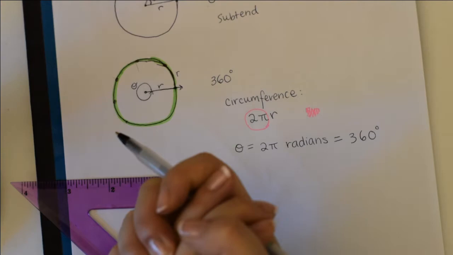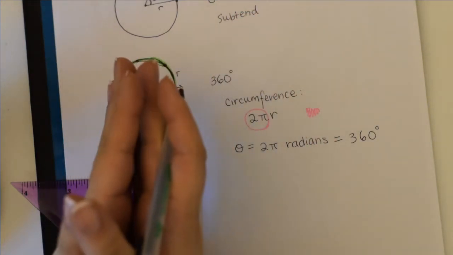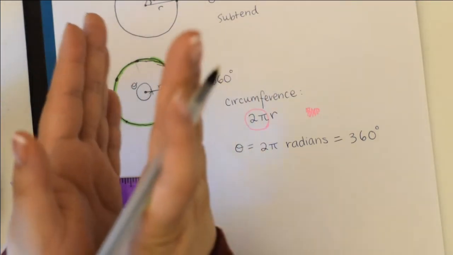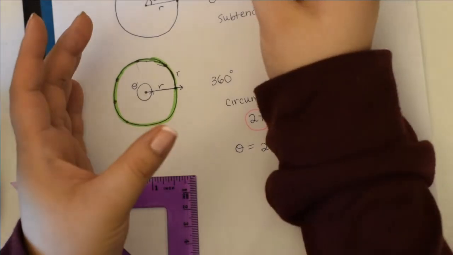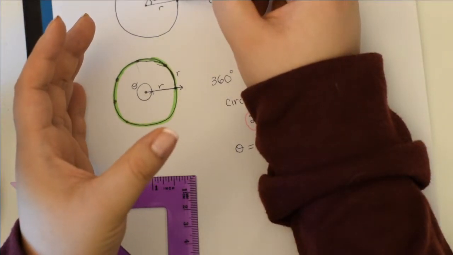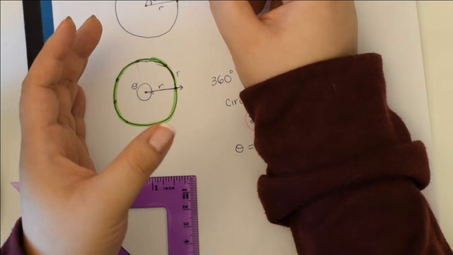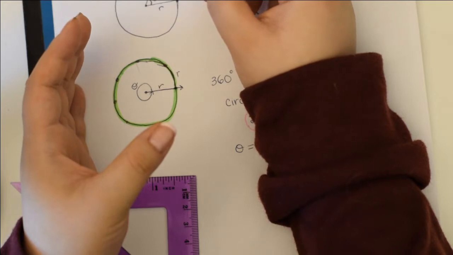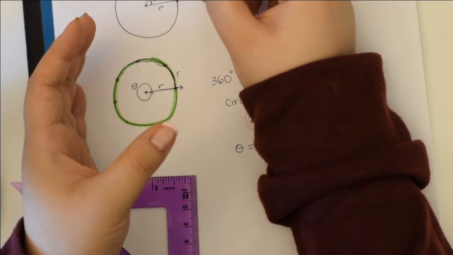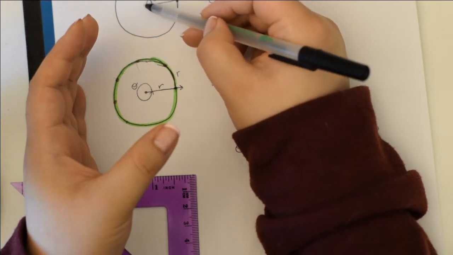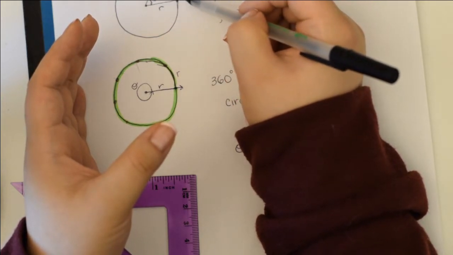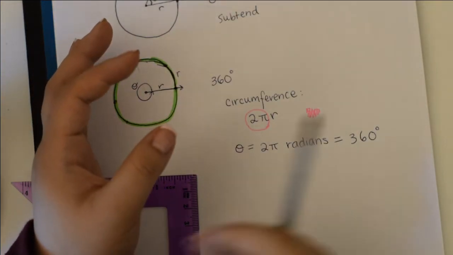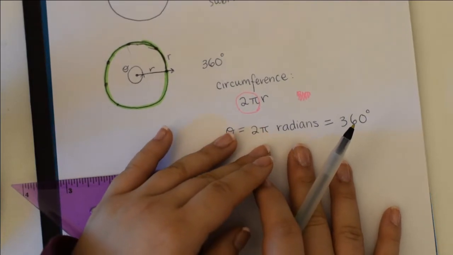So again, 1 radian is the angle that gets created or drawn out when we move a distance of r, 1 radius, along the circle. If we create an arc length of r along the circle, it's the angle that subtends that distance, or that piece, okay? And then from there we can get these conversions.